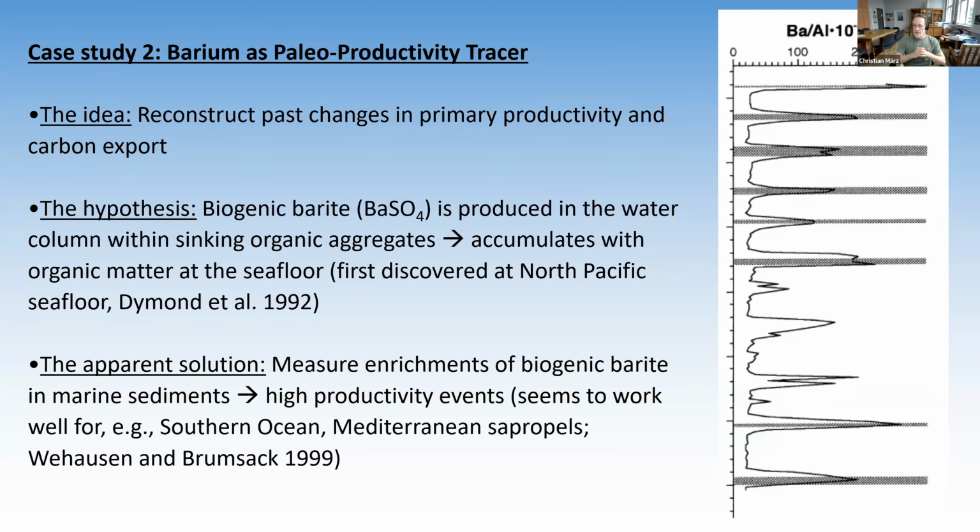So the apparent solution then is, okay, let's measure enrichments of, let's say, biogenic barite or excess barite relative to the detrital background. And that shows us high productivity events, and it seems to work well for certain environments. For example, in the Southern Ocean, this is an example from the North Pacific, in fact, where you see these really nice barium layers. It also works for Mediterranean sapropels.